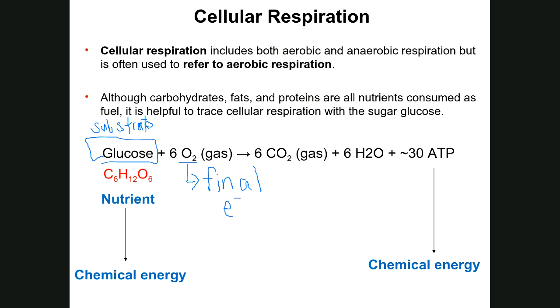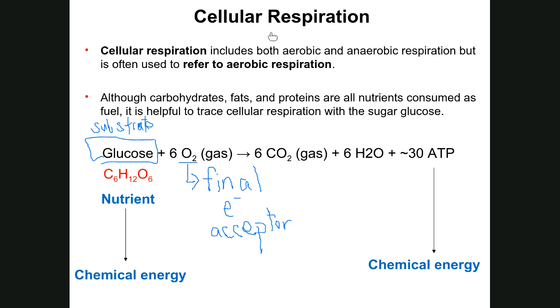Oxygen is described as the final electron acceptor, or you can say oxygen is a reactant that functions as the final electron acceptor in cellular respiration. So again, we have 2 reactants.